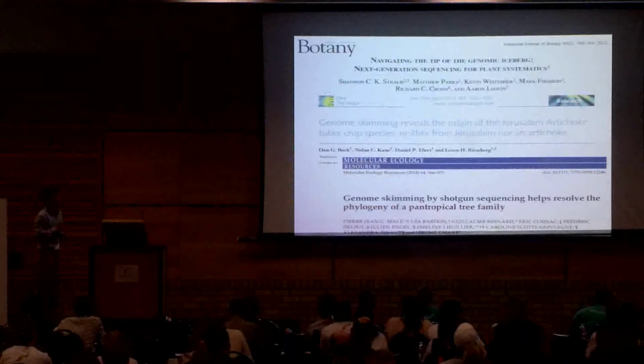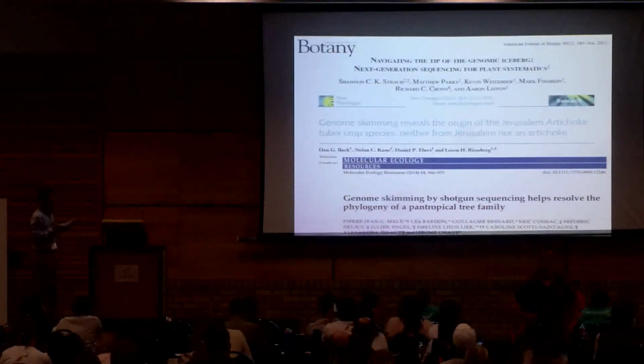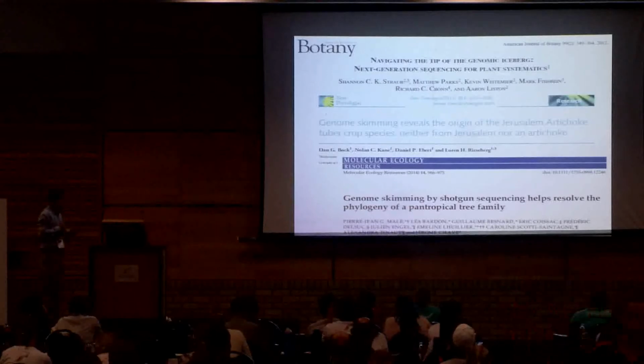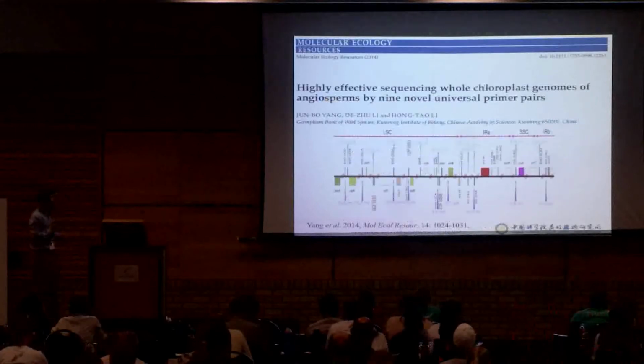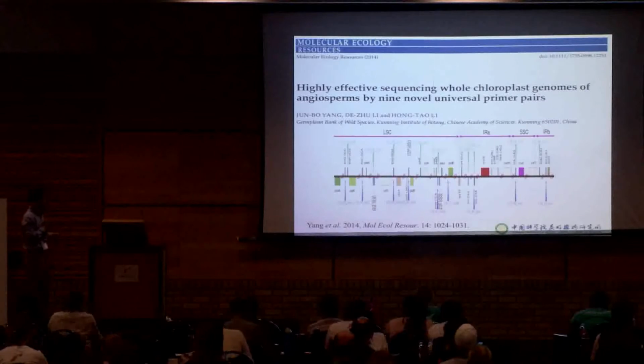And later on, genome skimming becoming very useful, and a lot of paper like this one in American Journal of Botany in 2012 and more in 2014. And we also developed a long PCR primers to sequence the plastid genomes.